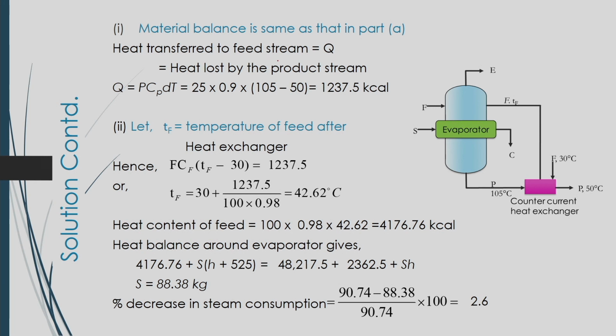So, the heat transfer to the feed stream, considered as Q, will be equal to the heat lost by the product stream. So, Q will be equal to P into Cp into dt, the sensible heat, based on the specific heat capacity at constant pressure and the temperature difference. It comes as 25 into 0.9 into 105 minus 50, which is basically 1237.5 kilocalorie.